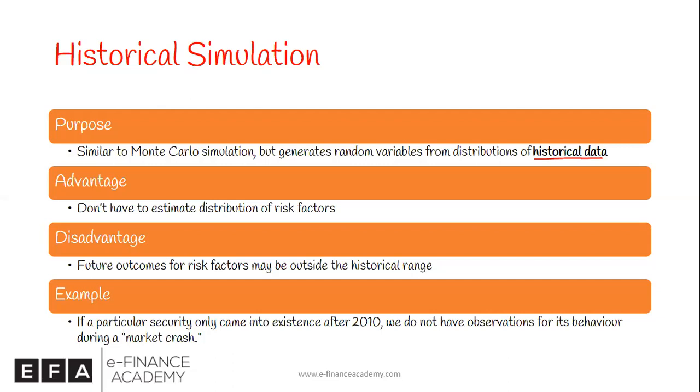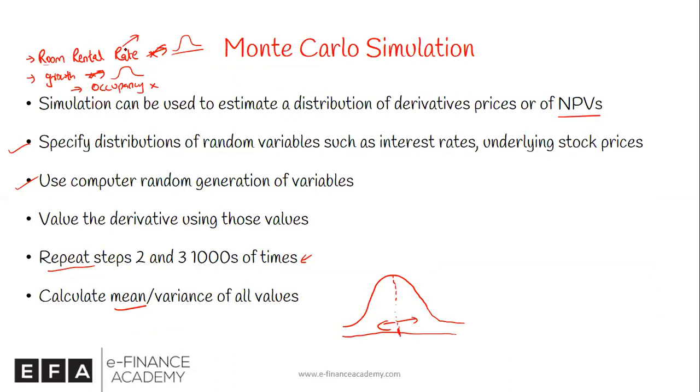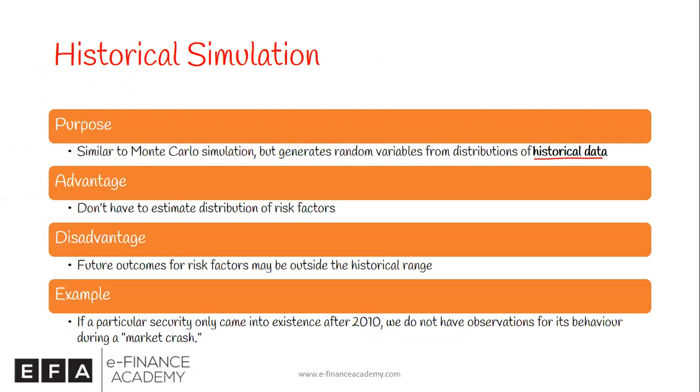So because of such historical data, your computer will not be able to simulate outcomes outside of that historical data. So it will never be able to estimate that because of a market crash, the room rental rate per night might actually crash down to a very significantly low value. So that is one limitation.